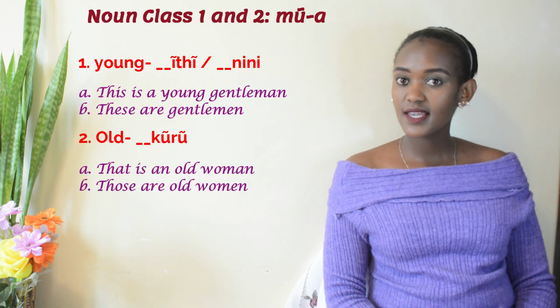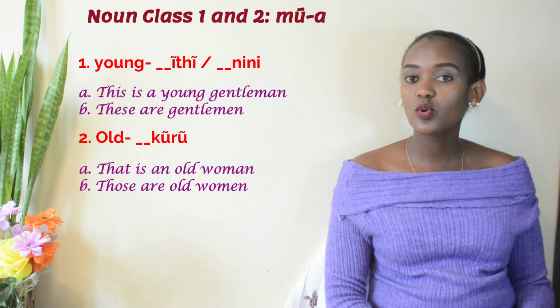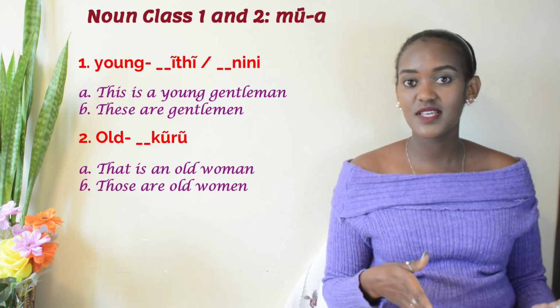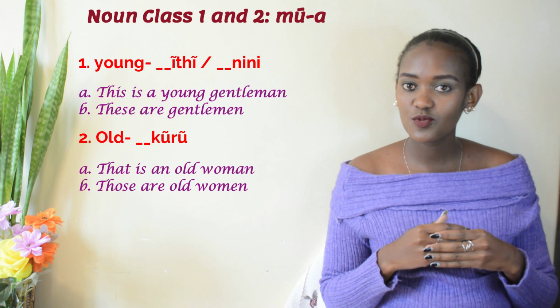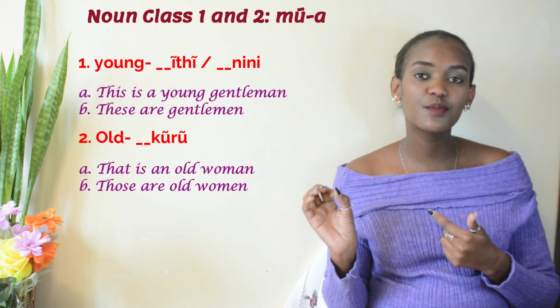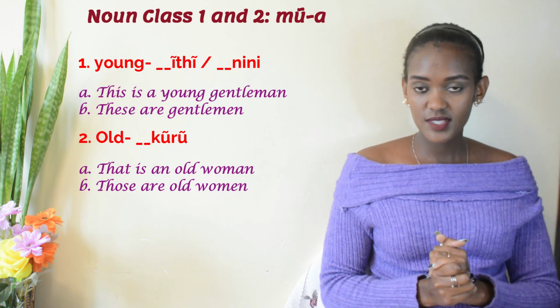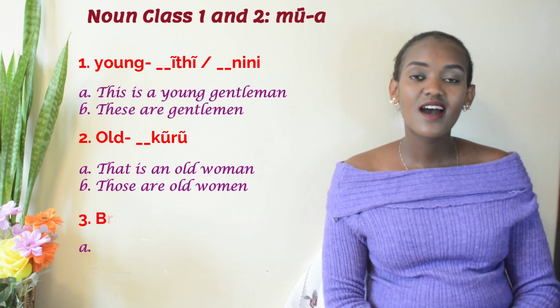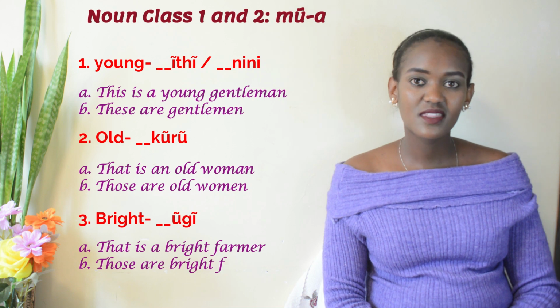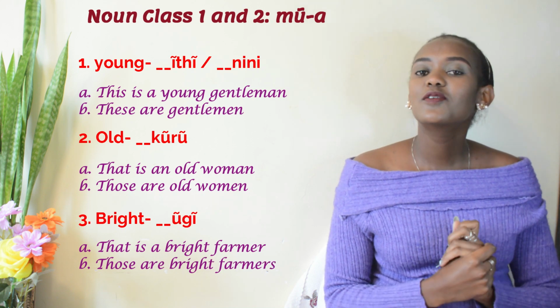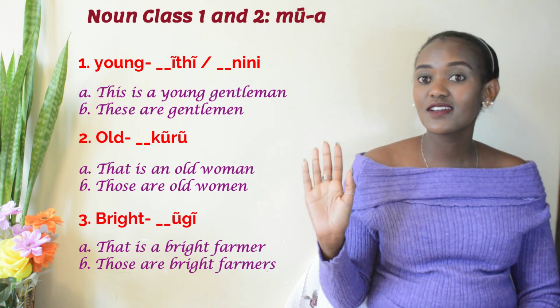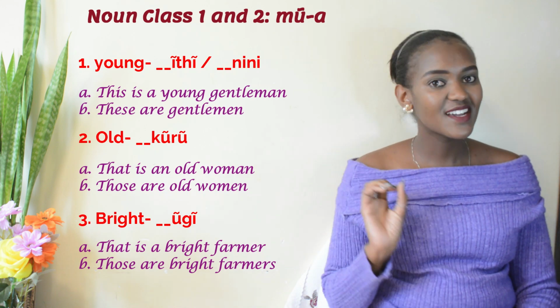Then we are going to say that is an old woman, like a grandmother. Also do the plural. Those are old women. And finally, we are going to say that is a bright farmer. So here is bright. These are your 3 assignments.